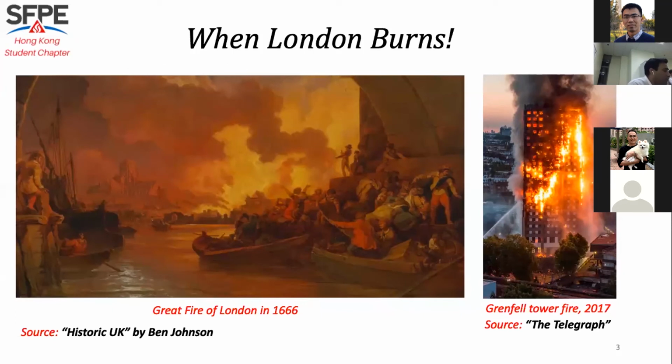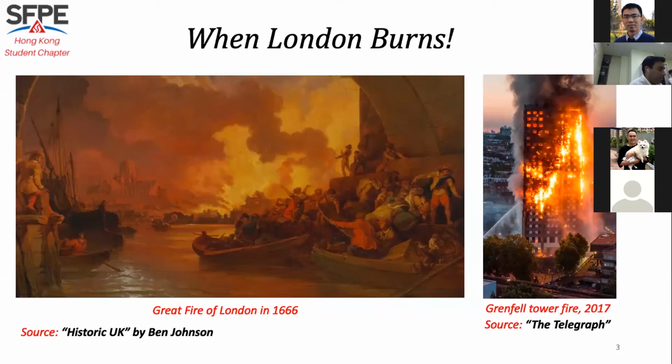During this fire, almost 80% of the London population was displaced. But what it brought was that the authorities and regulatory bodies came into action, and they tried to enforce new standards and codes so that this tragedy would never occur again.